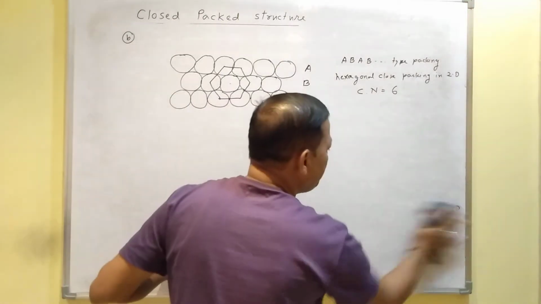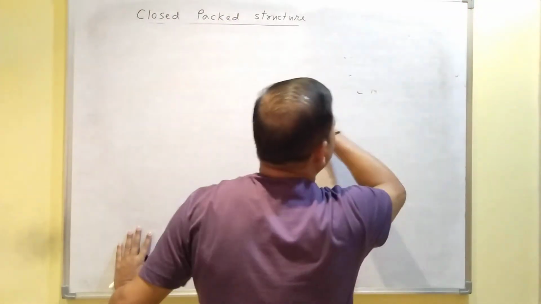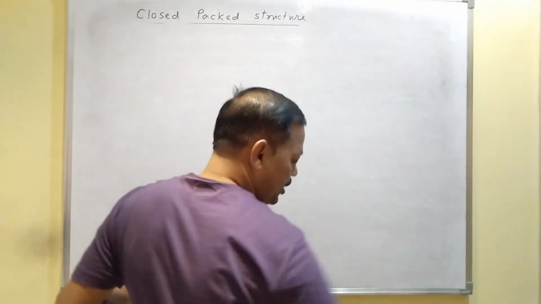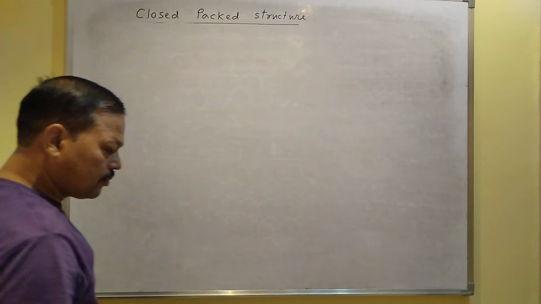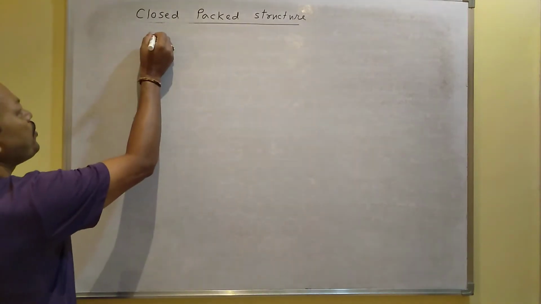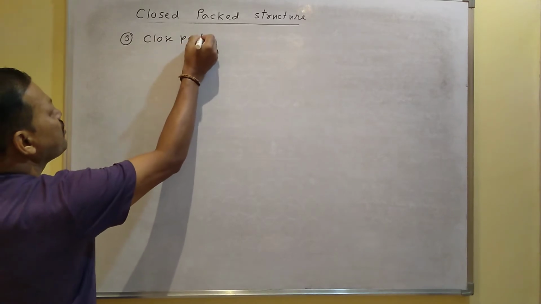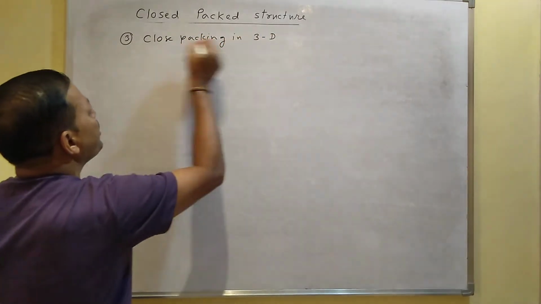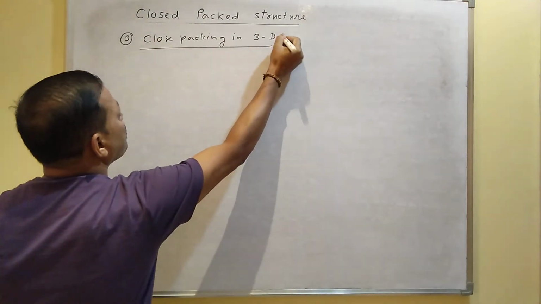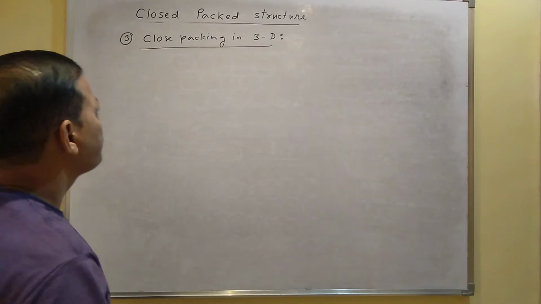First, I'll make the 3D structure from the square close packing in 2D. So now number 3, close packing in 3D, I mean close packing in 3 dimensions.